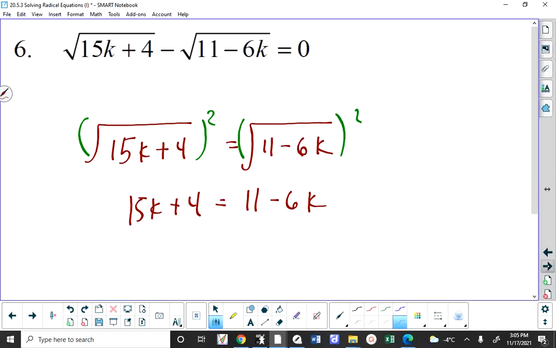Add 6k to both sides. After saying that, I'd better not screw it up. And get 21k equals 11 minus 4 is 7. k is equal to 7 divided by 21, which is a third.